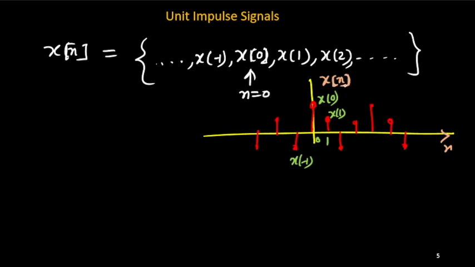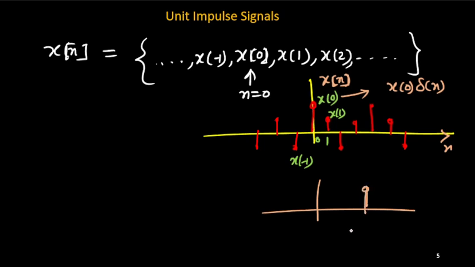Fine. So now how to represent this one? Already I have said that this only one sample, this one, if it is only there, no other is there, can I write in signal wise, this magnitude is x of 0, but it is located at n equals to 0, so we'll call it del n. Remember that if the sample is here at n0, then this delta function, I'll call it del n minus n0.